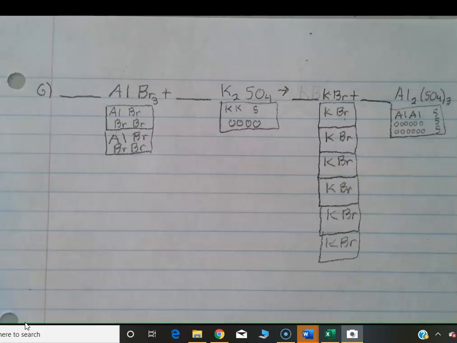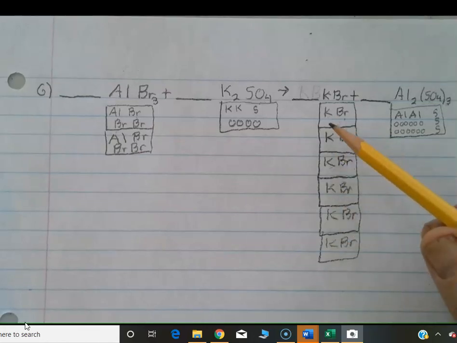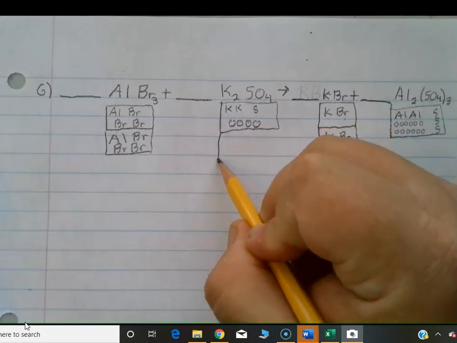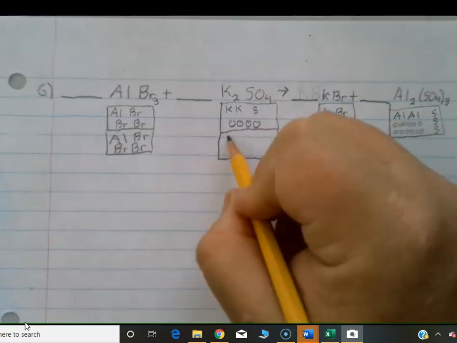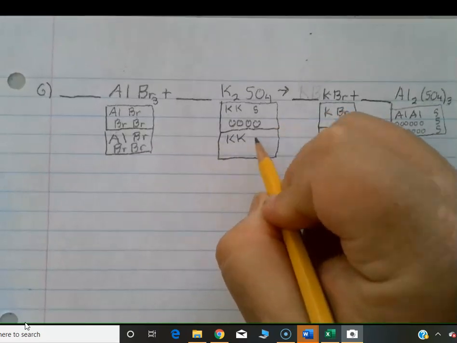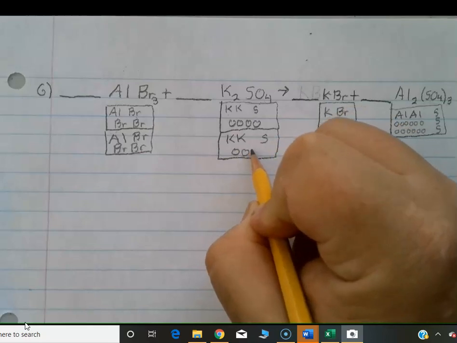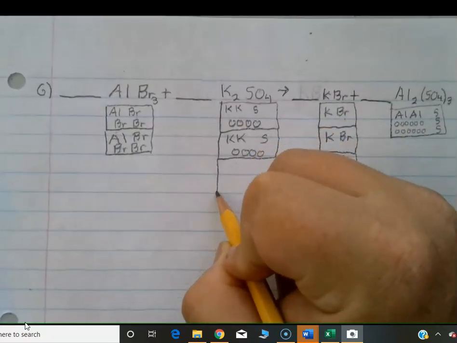Bromines balance. Aluminum's balance. How about potassium? Well, I have 1, 2, 3, 4, 5, 6. Over here I only have 1, 2. So I need 3 more boxes to get the potassiums to be in balance. That means I have to draw all the other things that are in that same compound.